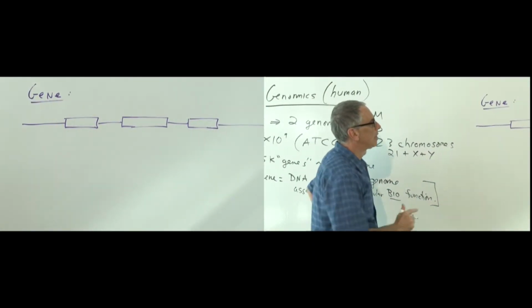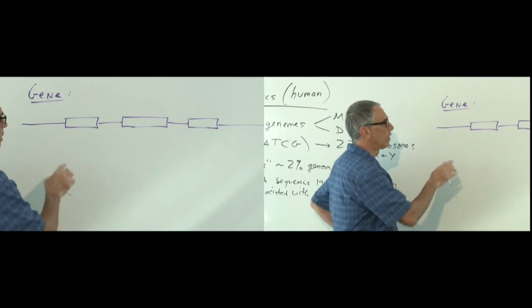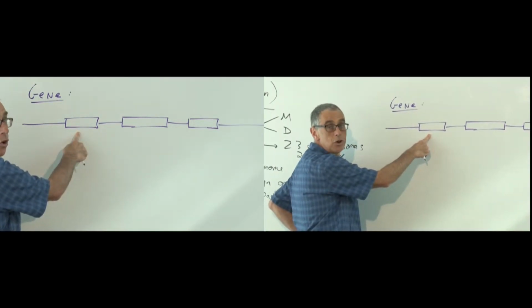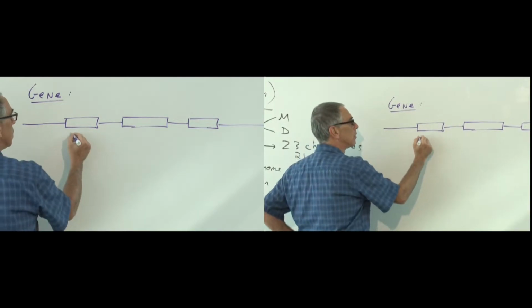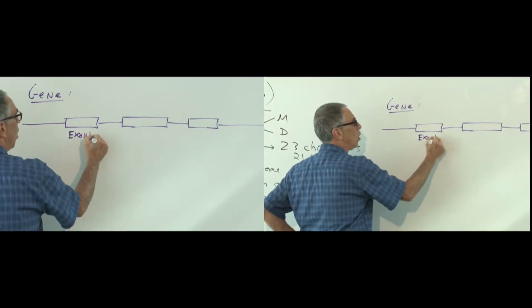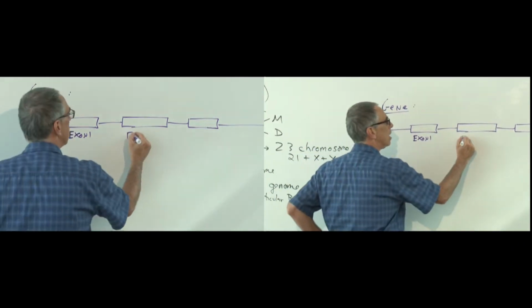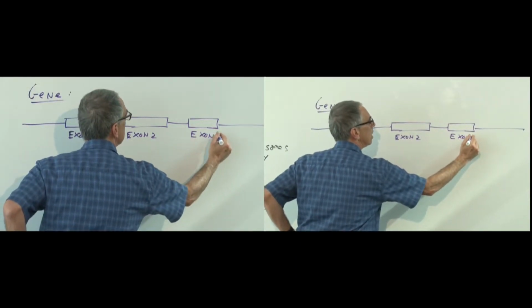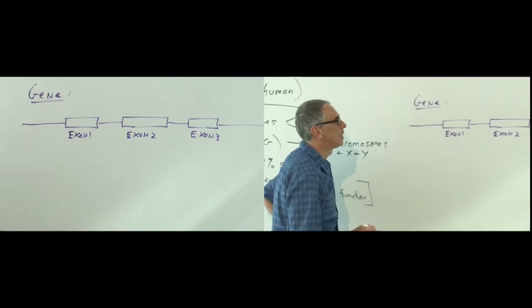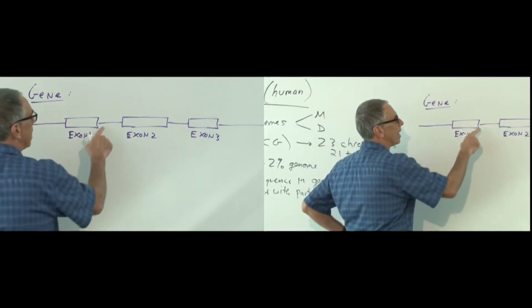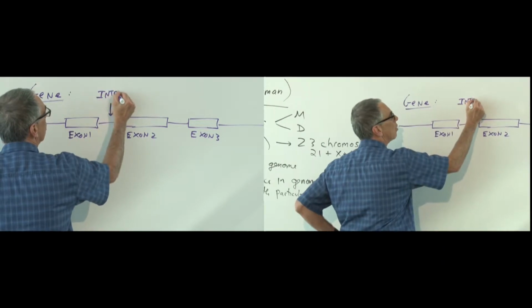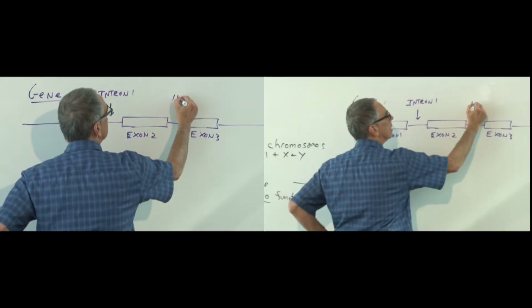A gene will typically have coding regions, which I'm drawing as these boxes, and which are going to code for amino acids, and we're going to call those exons. So this is exon 1, the beginning of the gene, exon 2, exon 3. But in the genome, the exons are separated by non-coding DNA called introns. So this is intron 1, intron 2.